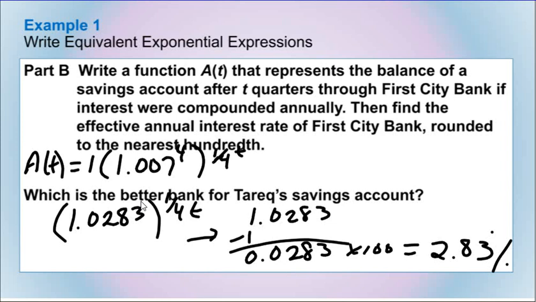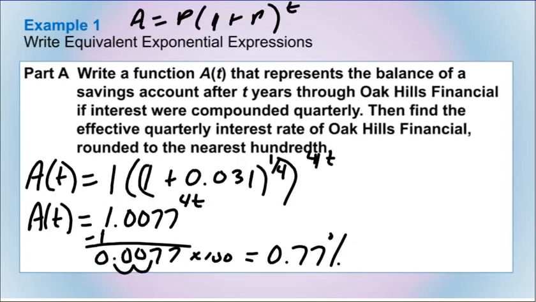So which is the better savings account for Tariq? So we had this is First City Bank, 2.83, and if we go to the previous one, Oak Hill was 0.77. Now this 0.77, this was the quarterly, and the annual was 3.1%.